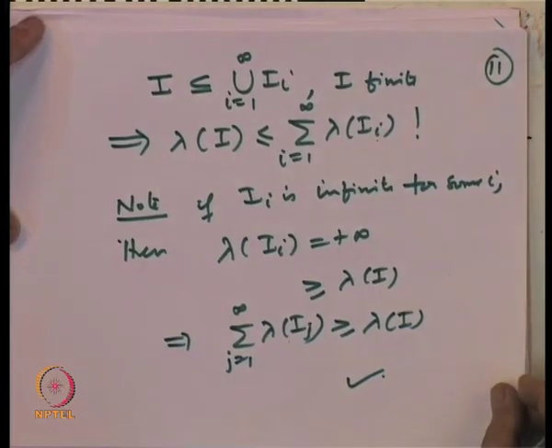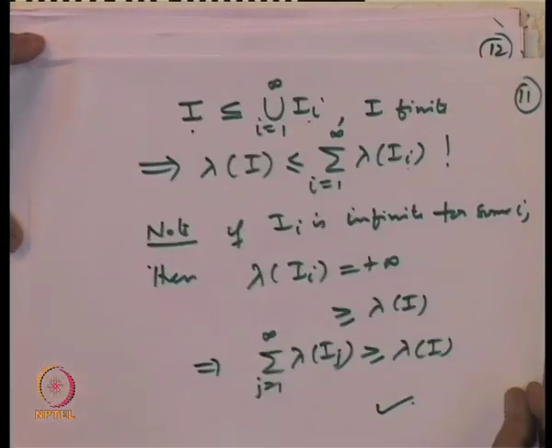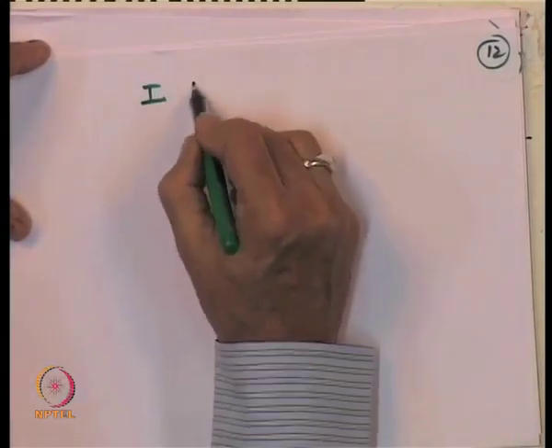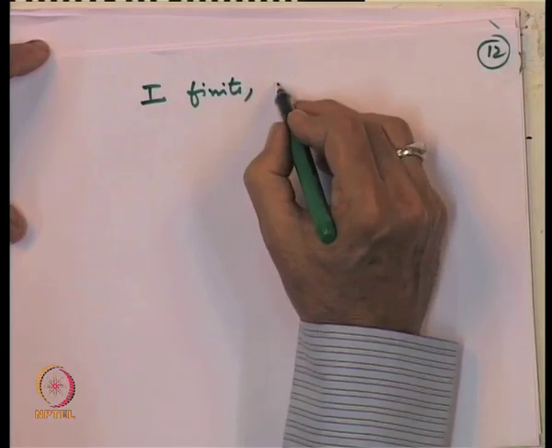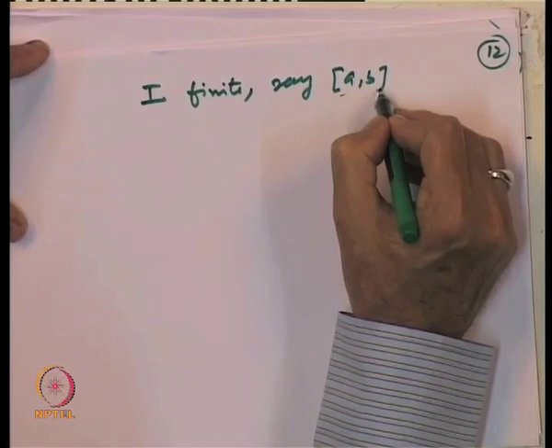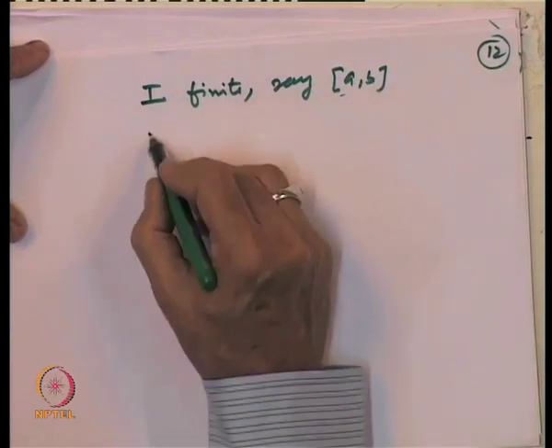So, let us assume not only I is finite, all the intervals I i's are also finite, and we want to check this property. So, what we want to check is the following: I finite, say endpoints a, b. We can assume it is a closed interval, because the length of I is not going to change.